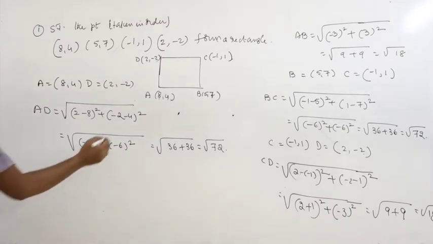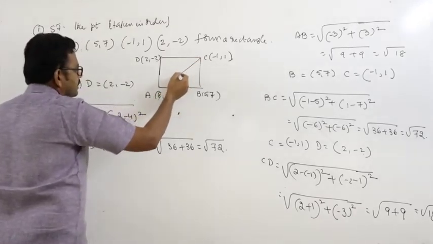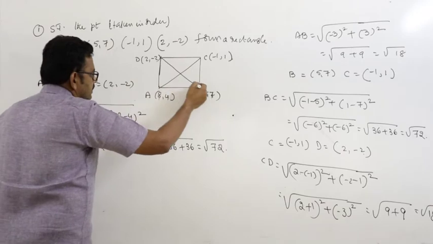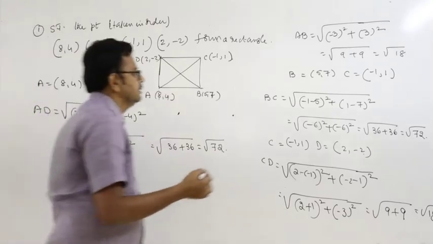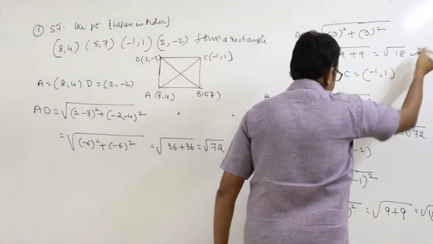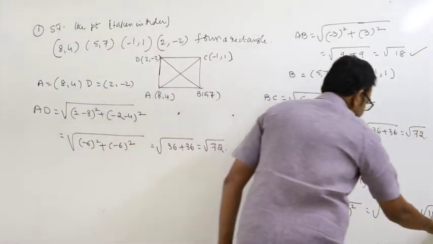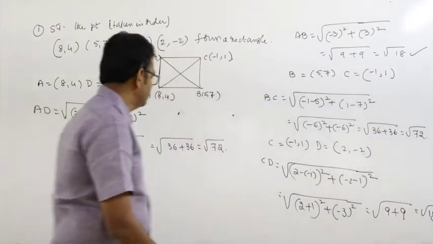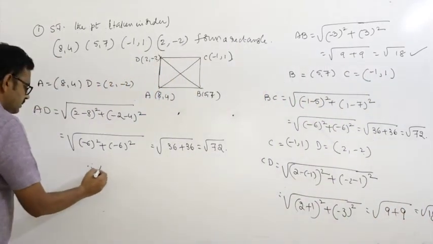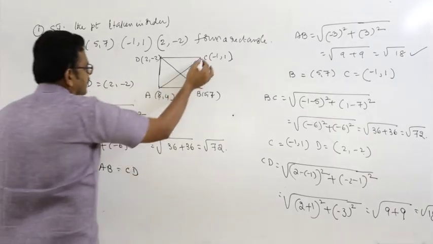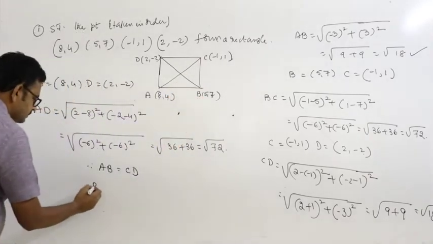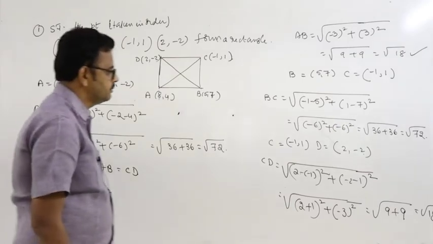Next, we have to show that diagonals are also equal. Now from these conclusions, AB is equal to CD. Therefore, AB is equal to CD, and BC, what is BC equal to?